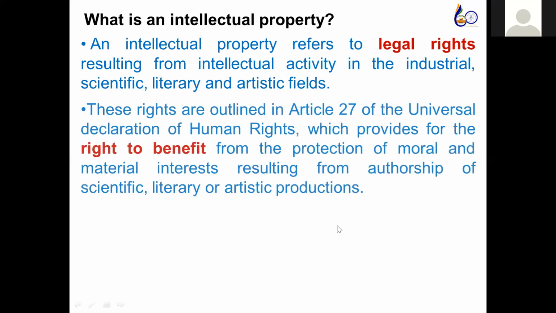Actually, this intellectual property and the rights, whenever you talk about holding rights, it's something related to court and law, attorneys and so on. It's a different set of courts that will offer the patent.